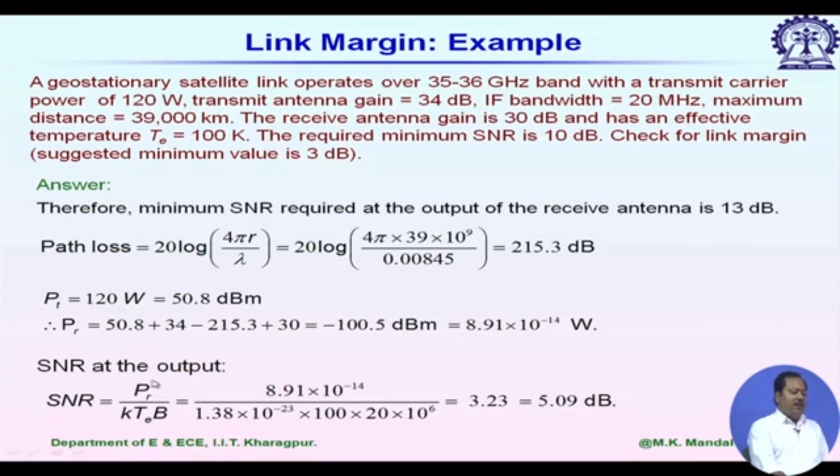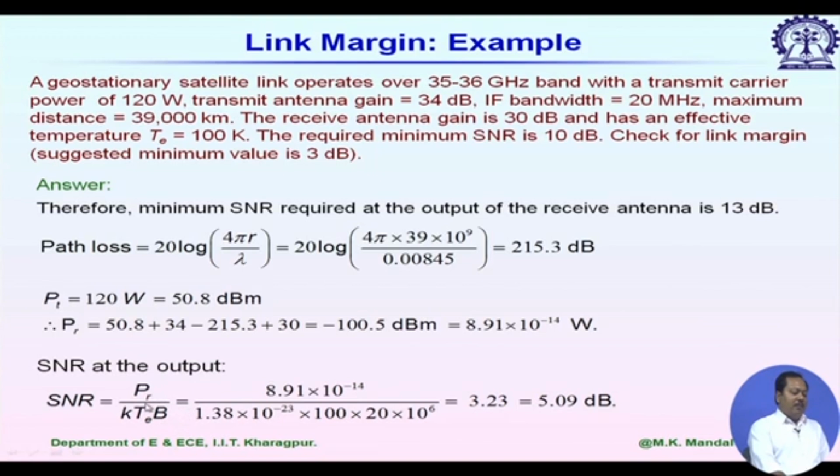So, SNR at the output. For this SNR calculation, signal to noise ratio, the signal power we are receiving is PR, 8.91 into 10 to the power minus 14, and the noise power depends on the effective noise temperature TE of the receiver and the bandwidth of the receiver.